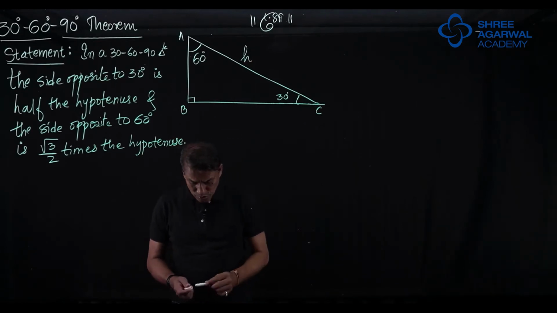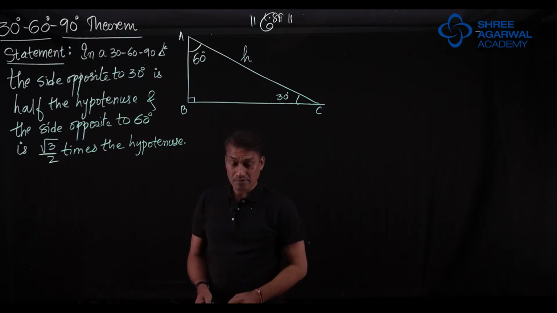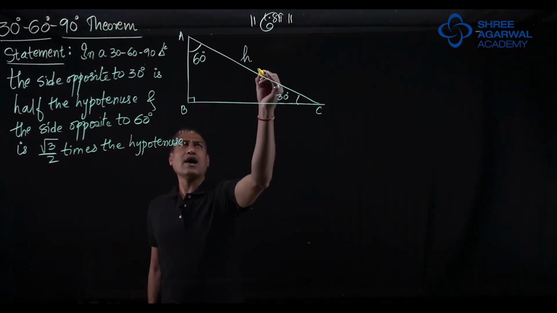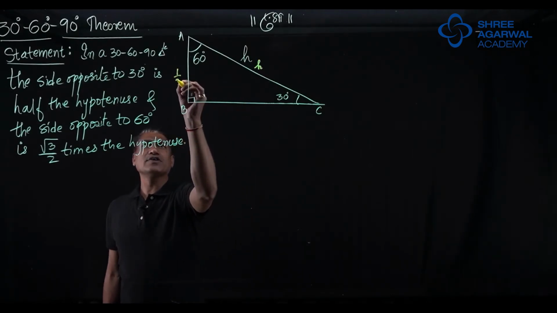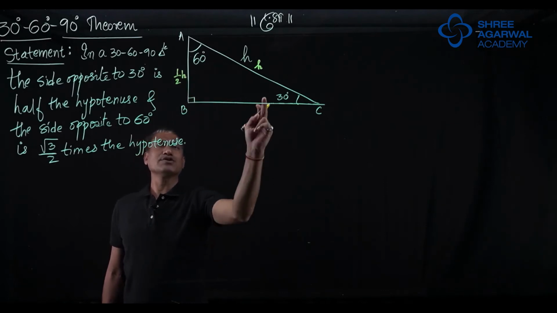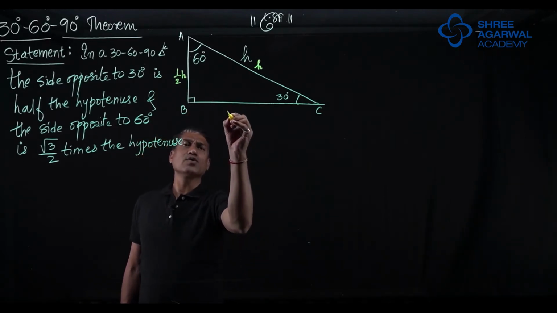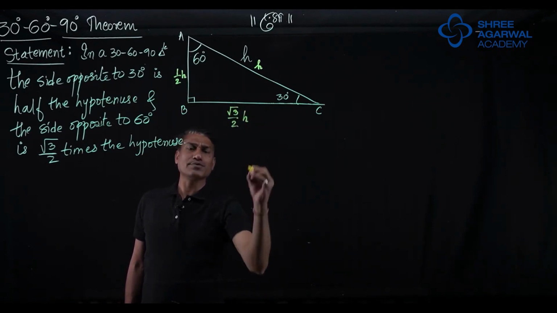So I would write that here. If this is hypotenuse h, this will be half the hypotenuse because it is opposite to 30 degrees, and the side opposite to 60 degrees is root 3 upon 2 times the hypotenuse.